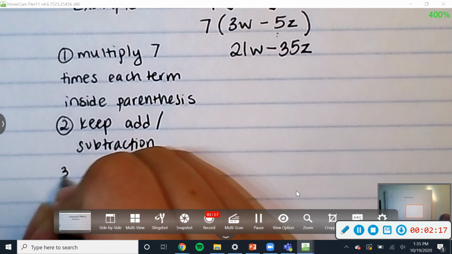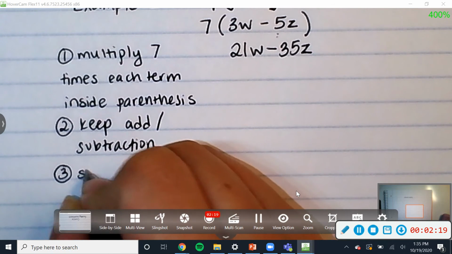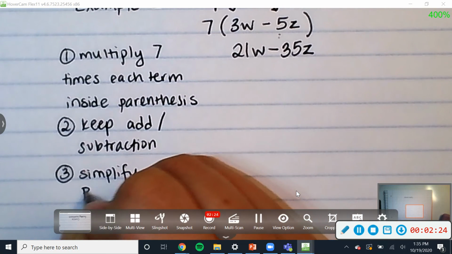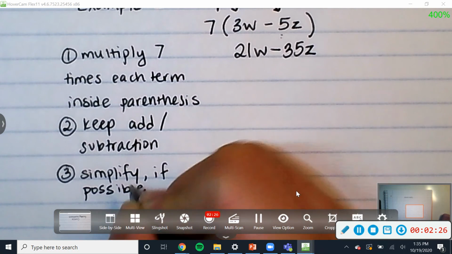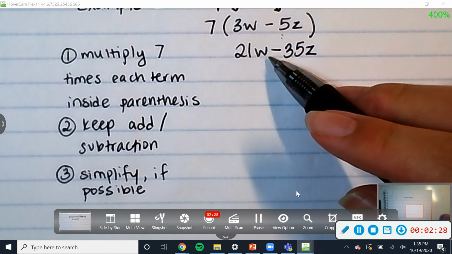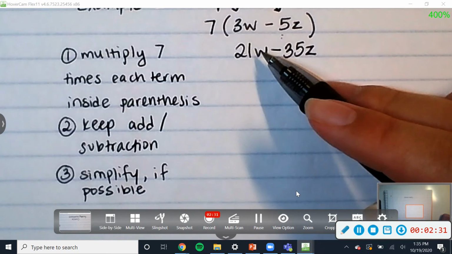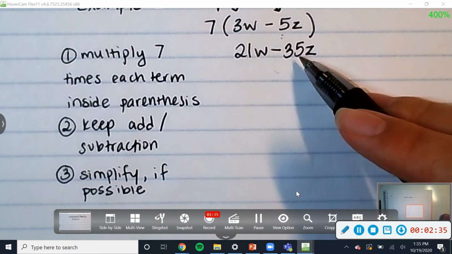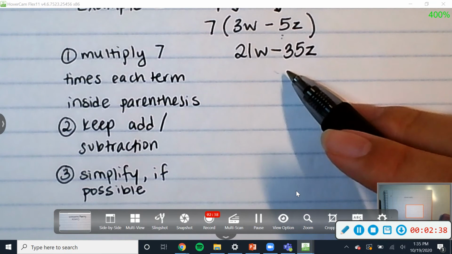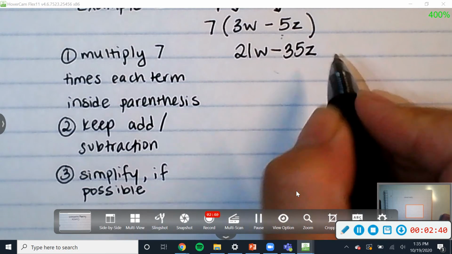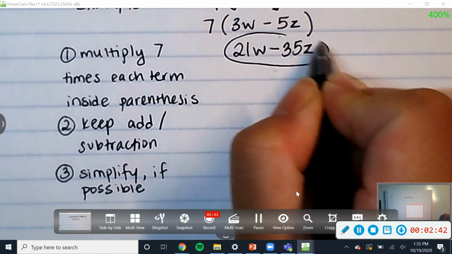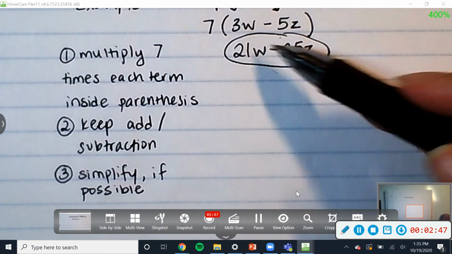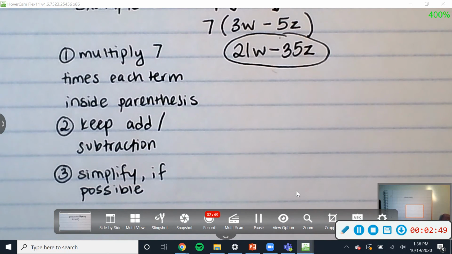The very last step, step number 3, is to simplify, if possible. So if I look at my problem here, these are totally different terms. They have different letters as their variables. One is W and the other is Z. So since these are different terms, I actually cannot simplify this because I can't add or subtract them together. So this would be my final answer, 21w minus 35z.